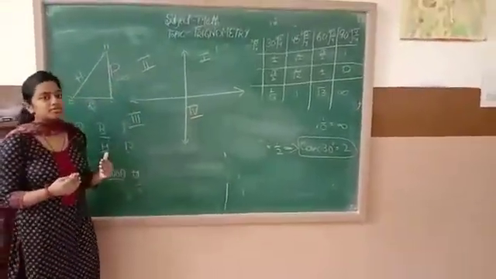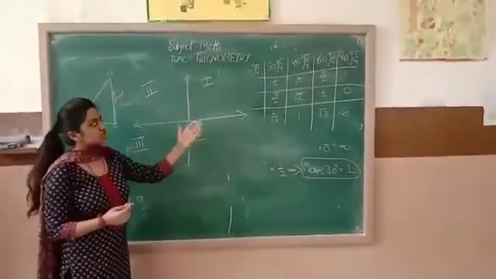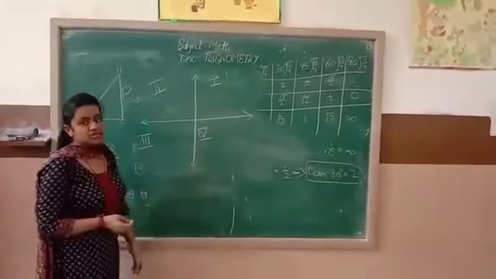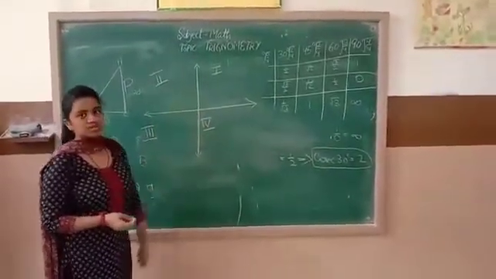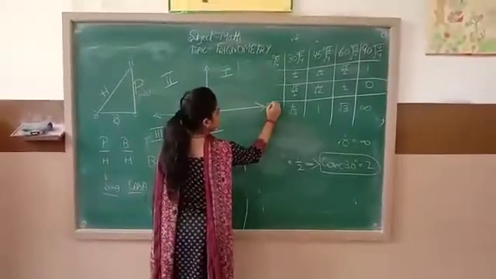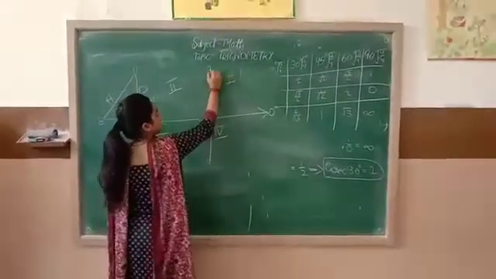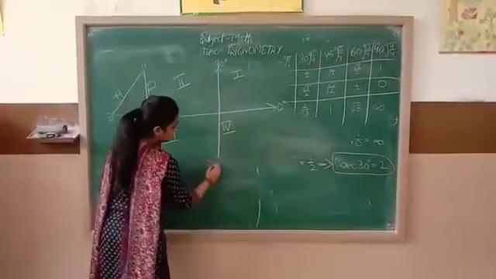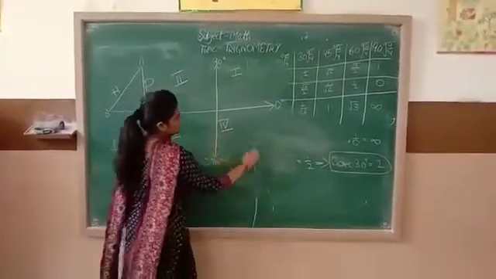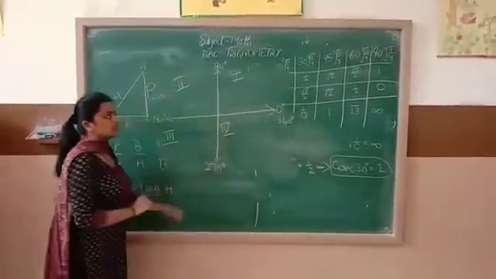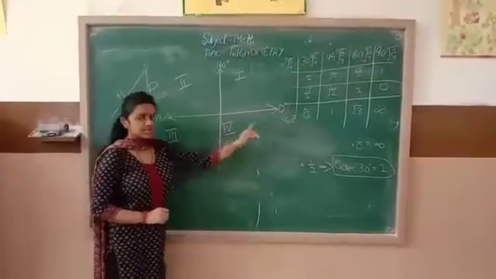Now we have to discuss in which quadrant which ratio is positive and which ratio is negative. First of all we take all the measurements, all degrees: starting with 0 degree, then 90, 180, 270, and then 360 degree. So we complete the circle by 360 degree.